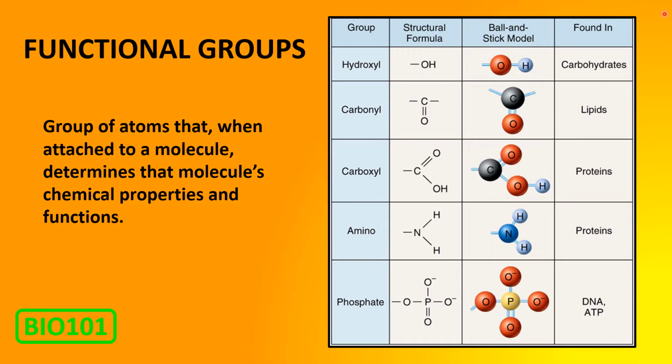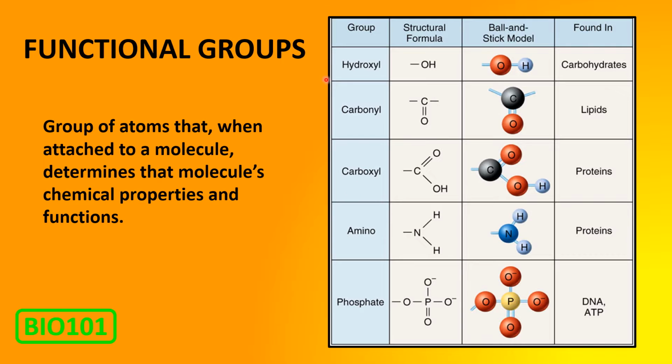And you can see over here the various functional groups pictured here are found in carbohydrates, lipids, proteins, and nucleic acids, and also ATP. So I wouldn't so much say you need to sit down and memorize these, but you should have a general idea because we'll see these again and again.